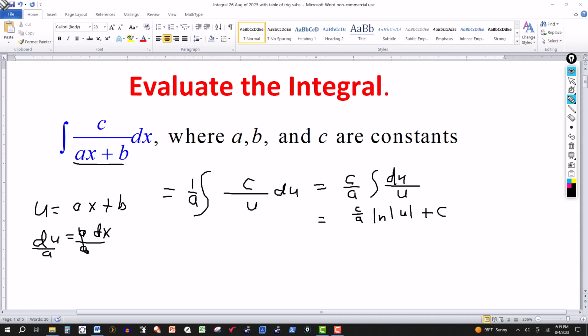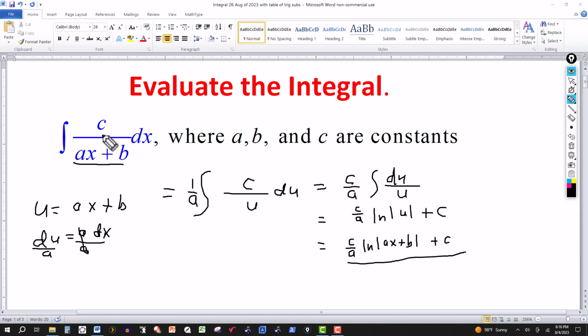And then we always go back to the original variable. This will be c over a, natural log of absolute u, but u is ax plus b. And I got the constant of integration, and this would be your answer.